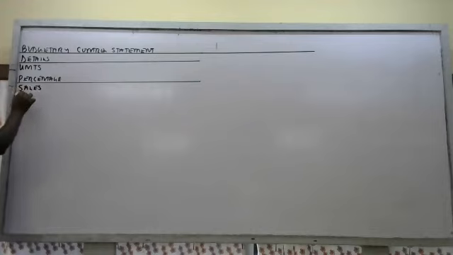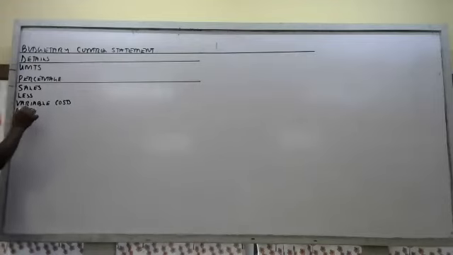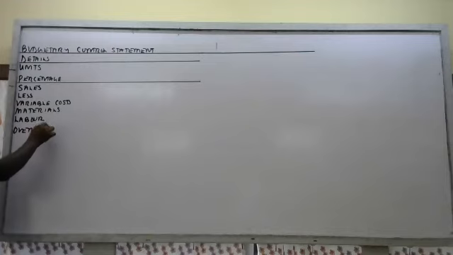Then you say less variable costs. Variable costs we have, ya kwanza ni materials. The next one is labor. The next one is overheads. The next one is selling. The next one is administration.